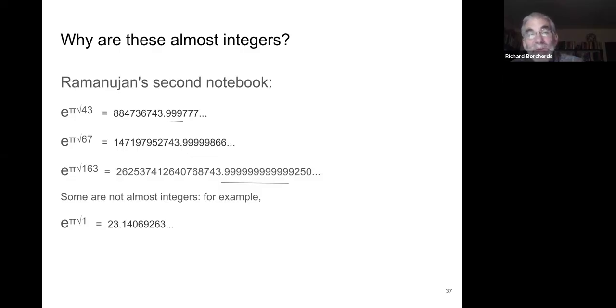Square root of 163 is in fact the largest number for which e to the pi times the square root of something is very close to an integer. If you want to find out more about that, you would Google complex multiplication on Wikipedia and chase down the references there.